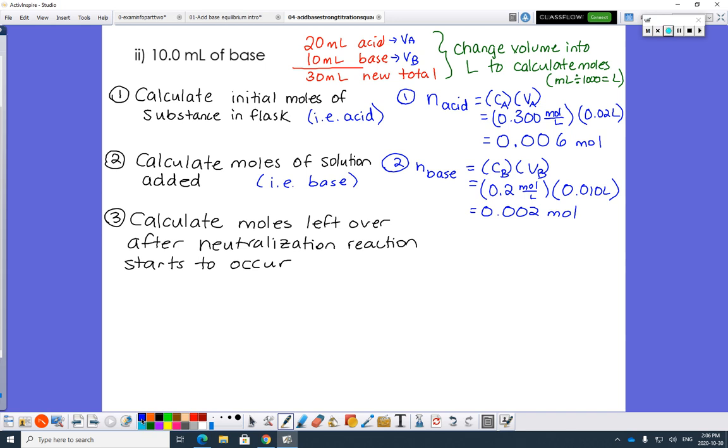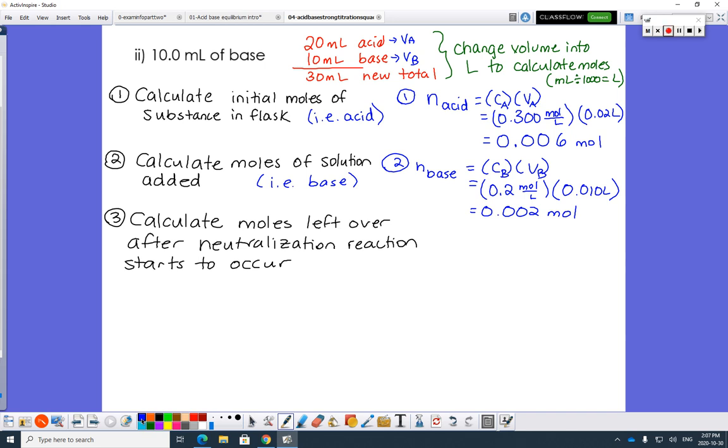So here, it's just 1 to 1, okay? 1 mole of acid to 1 mole of base. So if you start with 0.006 and you add base to it, all you have to do is subtract. Let's say you subtract the wrong way and you do 0.002 minus 0.006, what will happen?